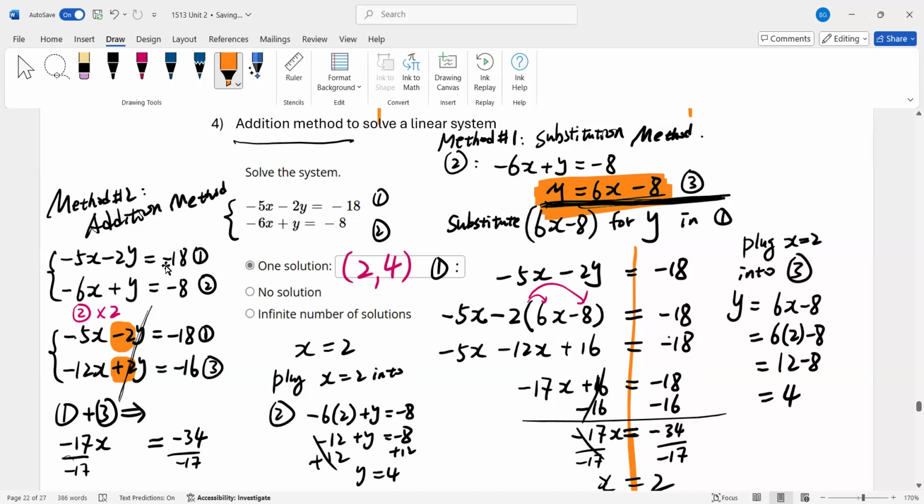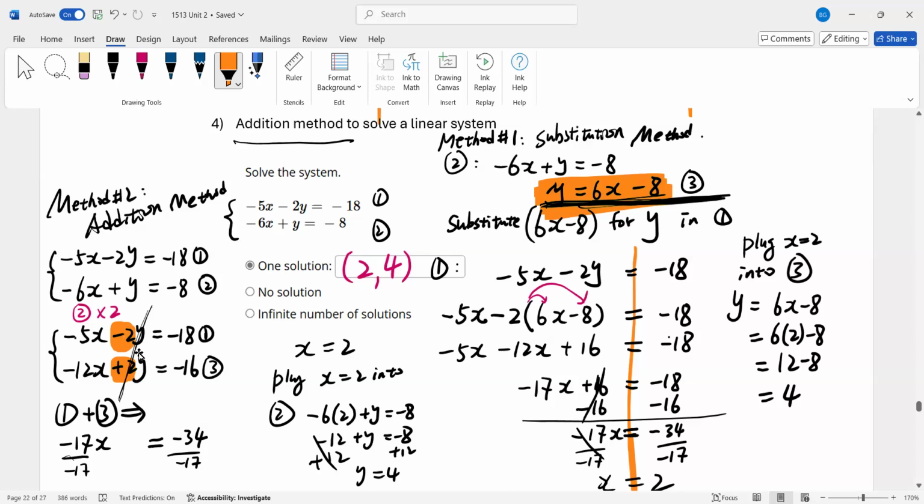The key of applying the addition method is to look at the two equations, look at the coefficients of the two variables, and find the one variable whose coefficients are easier to manage. In this case, variable y. Very easily, we can just multiply equation 2 by 2, and we can make variable y have opposite coefficients in both equations.